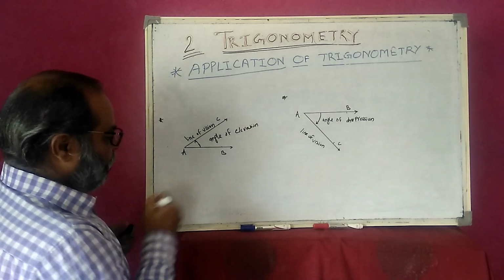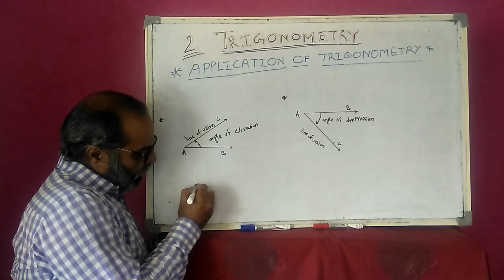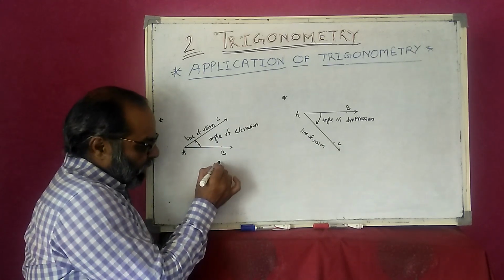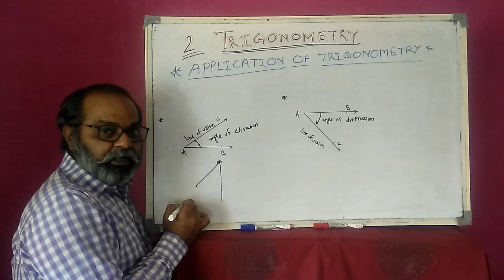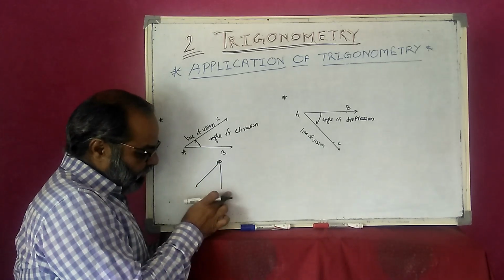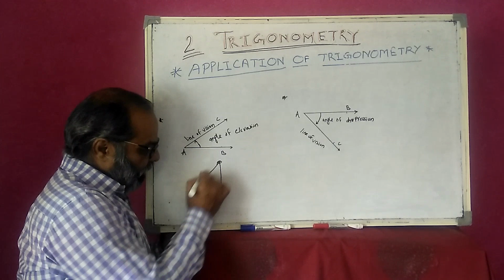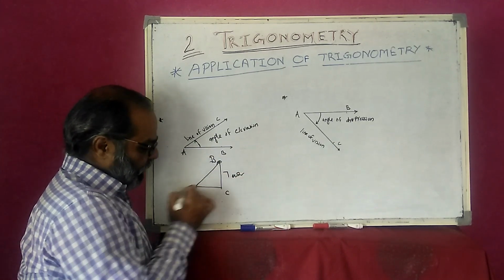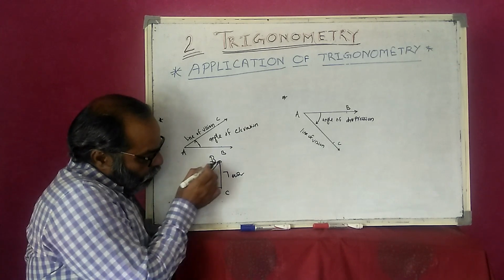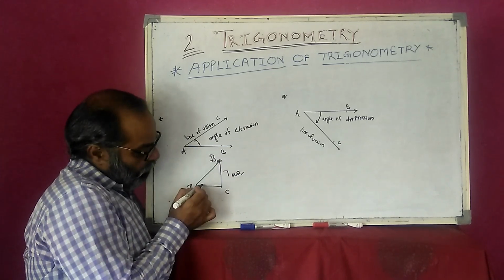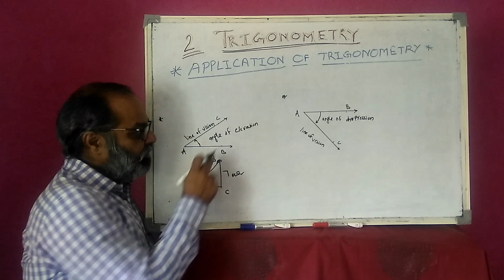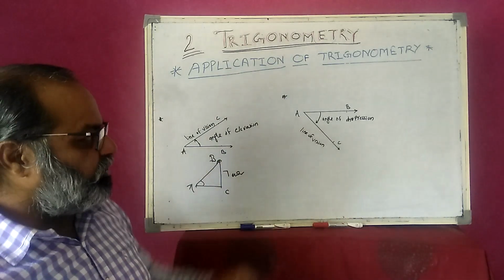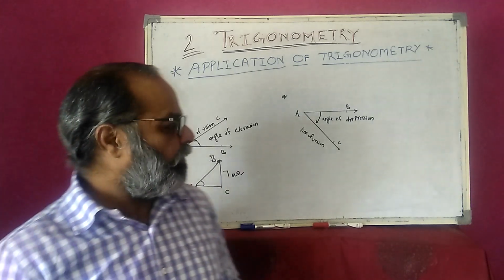Suppose BC is a tower and you are standing at A. When you look to the top of the tower, the angle made is called the angle of elevation.